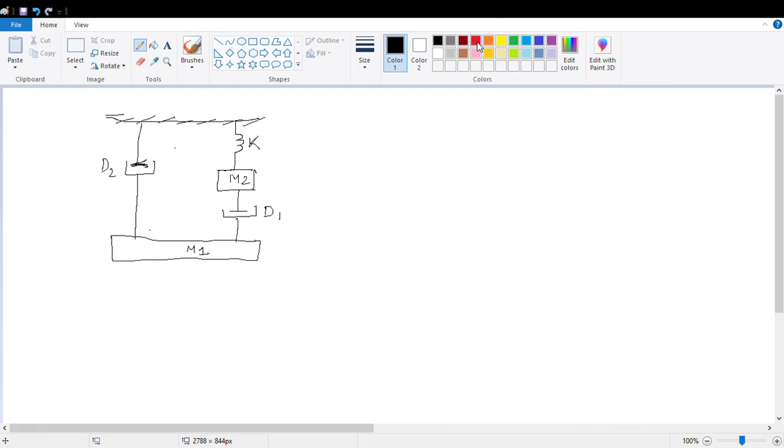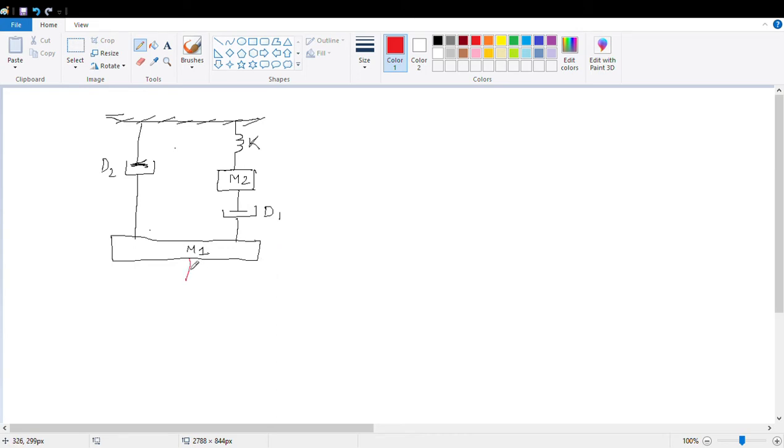So how will you proceed? First, you have to remember the law. The law was governing D'Alembert's principle. Now, in this diagram, a force is applied to this mass.